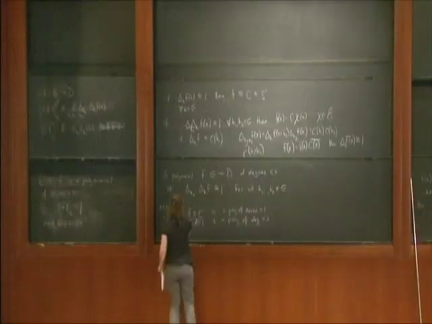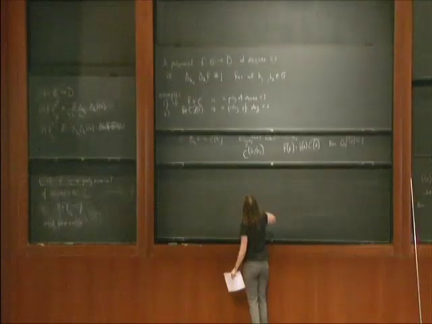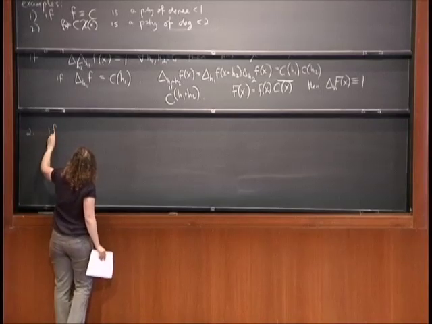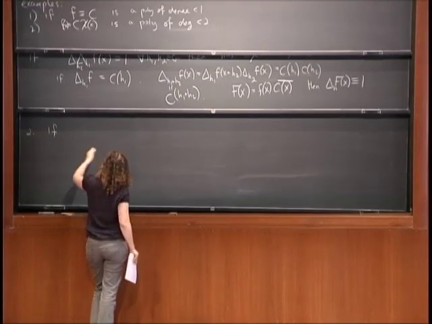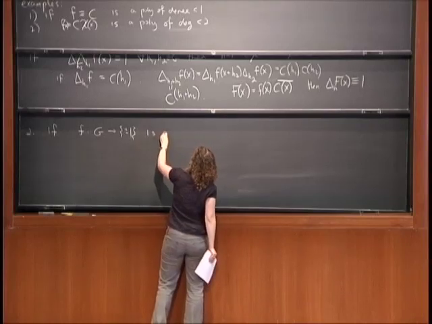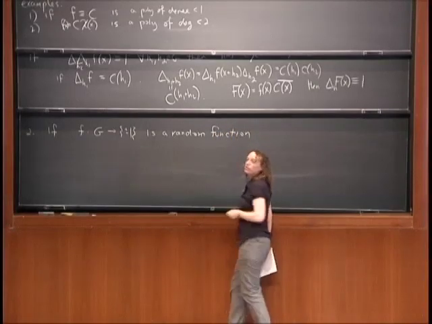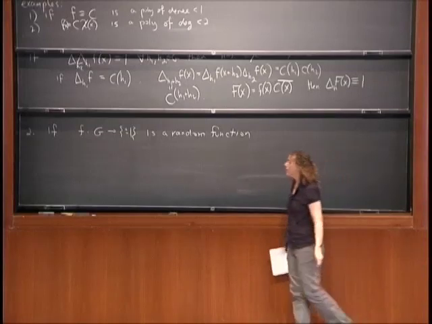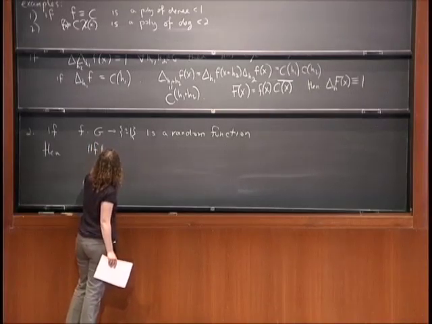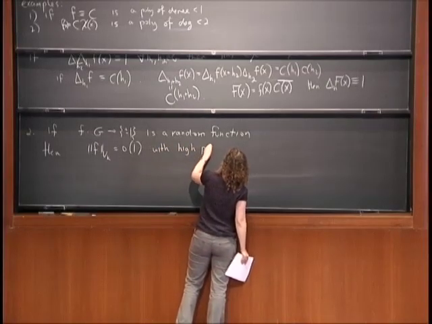Observation 2, maybe I want to leave this definition. So observation 2 is that if f, say, were to take plus minus 1 values, is a random function, okay, so suppose I were to flip a coin for each value of f, then the UK norm of f is little o of 1 with high probability.